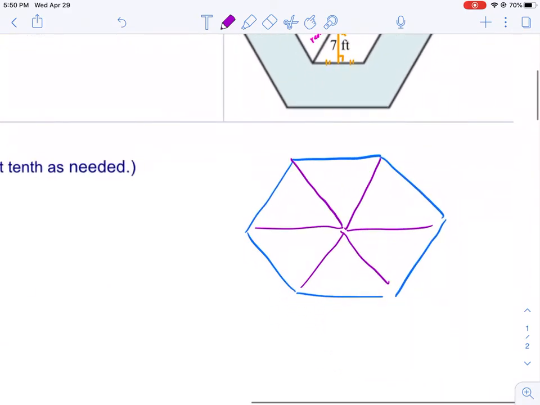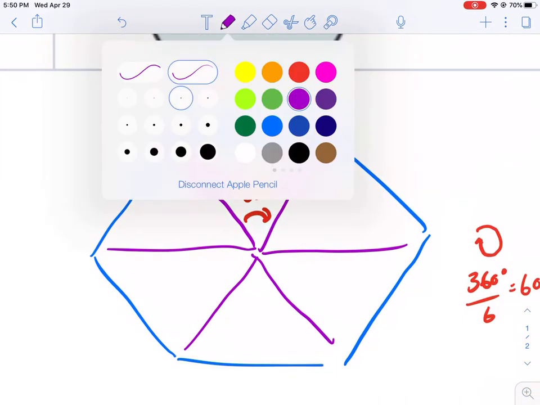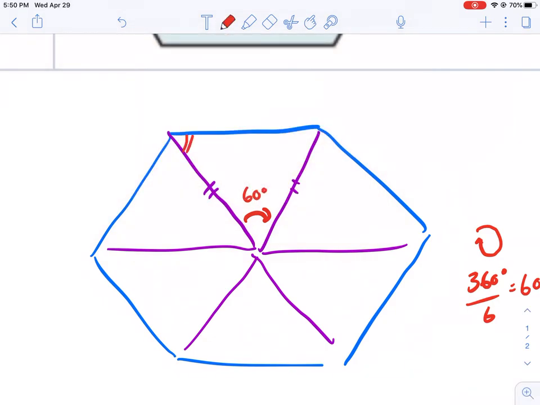We could find the central angle for one of these triangles by taking 360 degrees in a full circle and dividing it by the number of sides, the number of triangles that we have, and you'll see that we get 60. Once we get 60 here, we know this is an isosceles triangle, so these two angles need to be the same. And so we say 60 plus 2x equals 180. You solve for x, you end up getting 60 and 60.